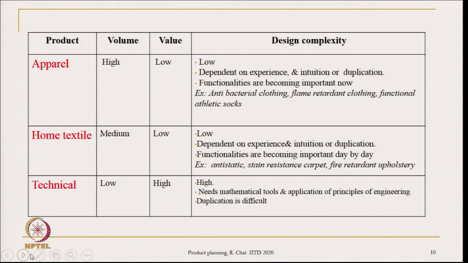Fire retardant upholstery, and maybe curtains also are part of home textiles. So, they have to be made fire retardant. See, where is fire retardant upholstery more important? It is very important in railways, it is important in hospitals, and it is important also in schools of children and also in domestic use as well.